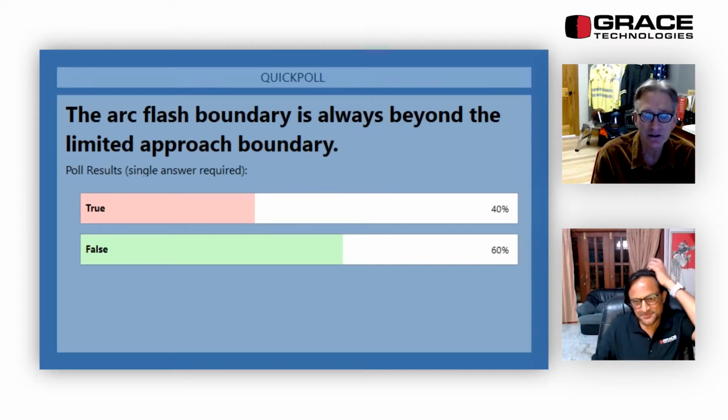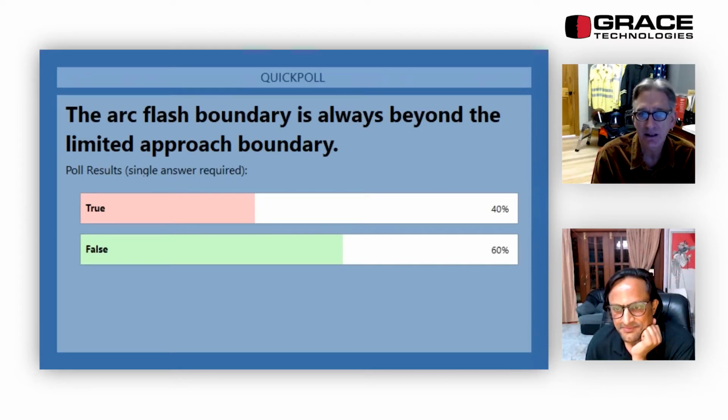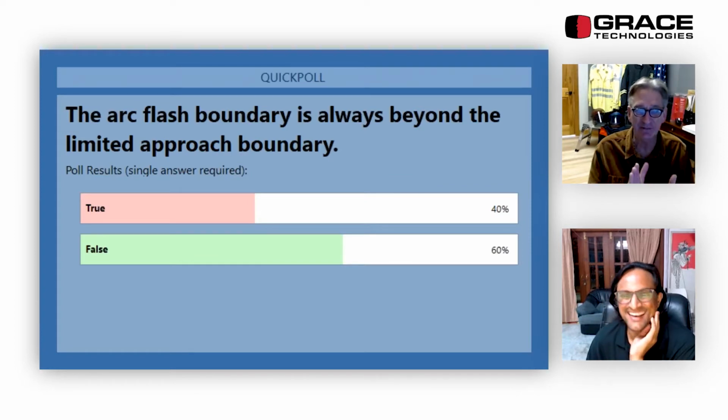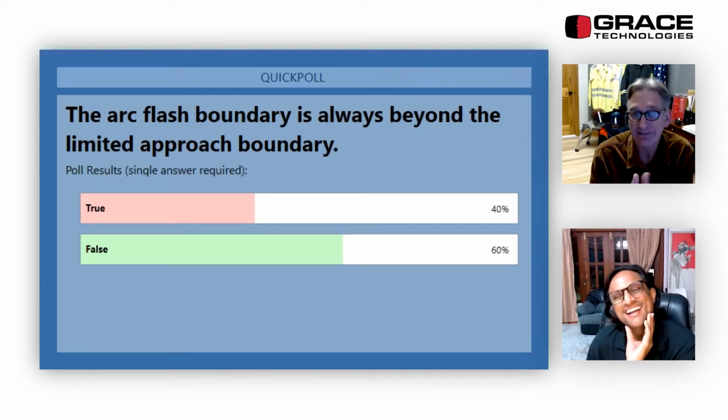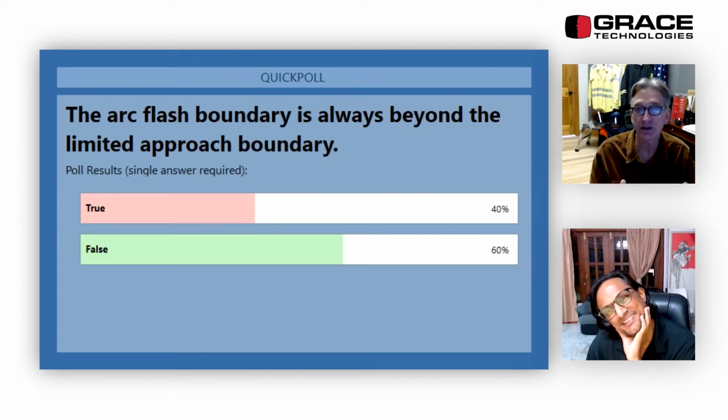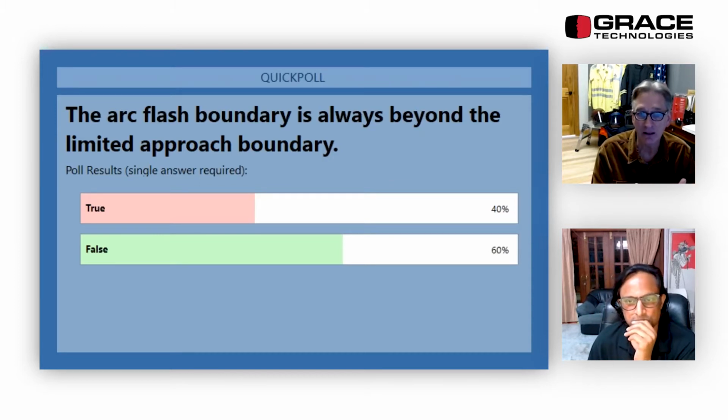So this is a very common mistake, but it's not going to cause a problem whatsoever. It wouldn't matter if everybody were to wear arc rated clothing within 3.5 feet, even if the boundary is 2 inches, that's fine. There's no problem of overdressing for the arc flash boundary being too close.